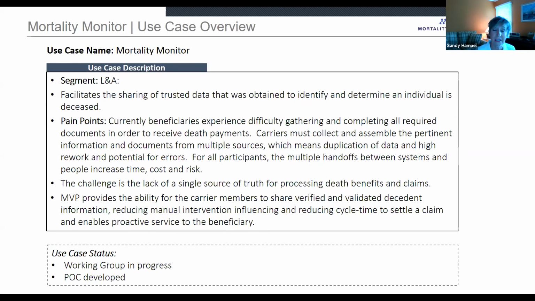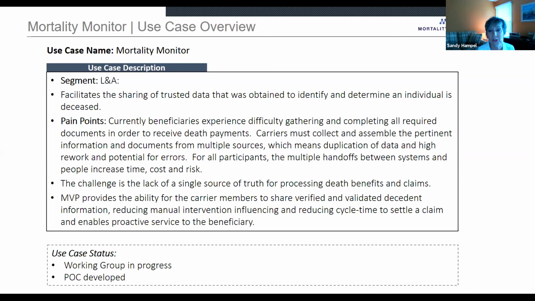We also found that on the carrier side, they have similar challenges as well in the fact that the information isn't all readily available to the carrier. Oftentimes they have to assemble the information. They're receiving it from multiple sources. It may be incomplete, so they have to triangulate the information to determine if that individual is their policyholder in order to process that claim.